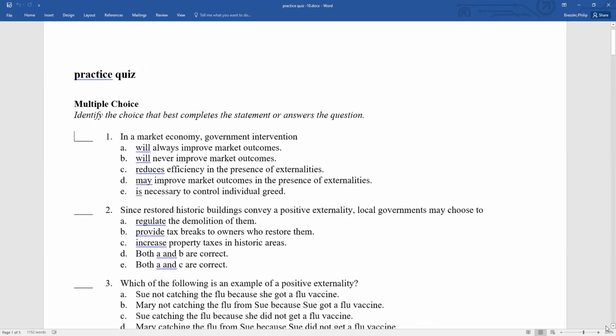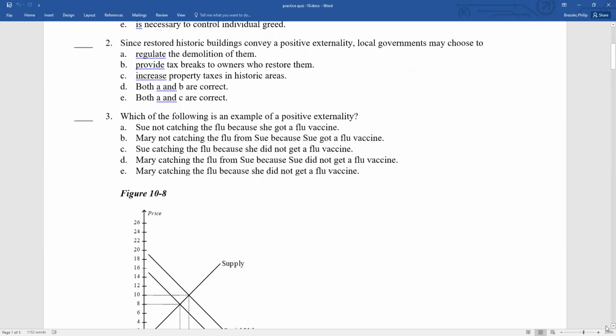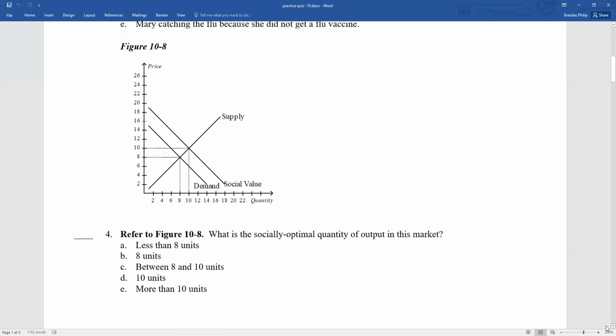All right, we go to question 4 and a first graph. With all these, I would look at, and the textbook does things a little different. The demand curve should be private value or private benefit, they're the same, and then marginal social value. So anytime the demand curve is shifting to the right from private to social, you then know it's a positive externality.